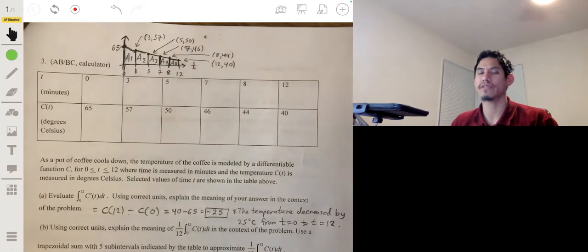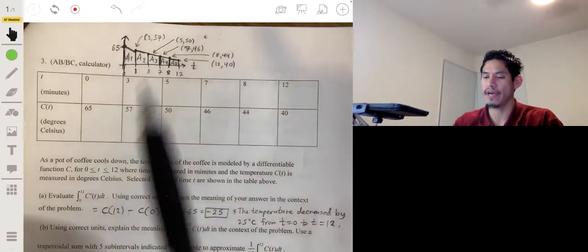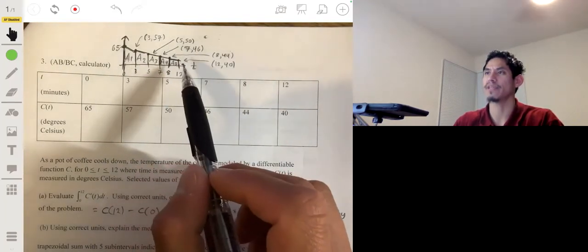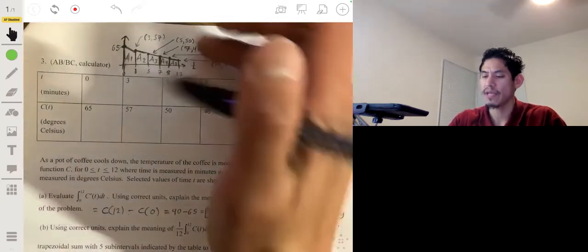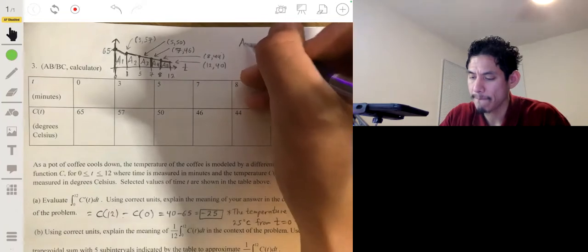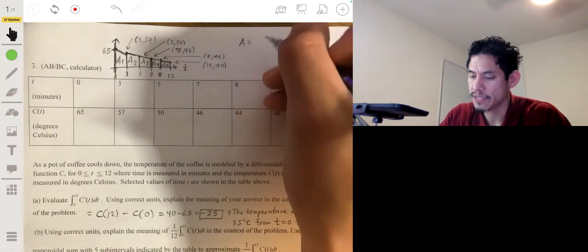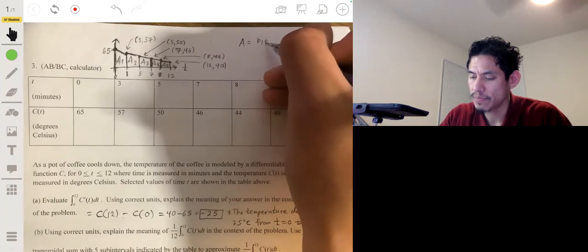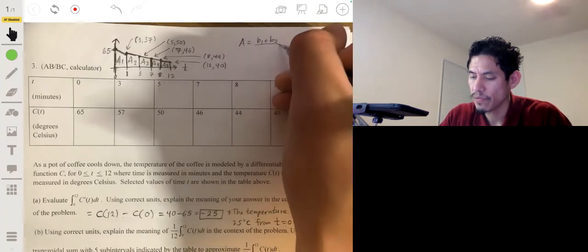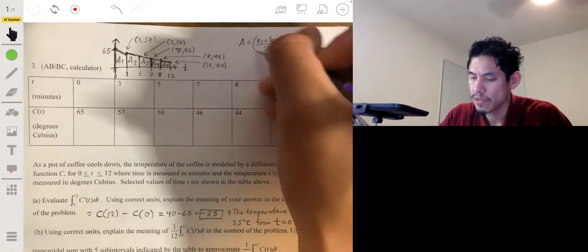So this is pretty intuitive. You're basically just trying to figure out the areas of these 5 trapezoids and adding them all up. And remember, the area of a trapezoid is the average of the bases, so B1 plus B2 over 2 times the height.